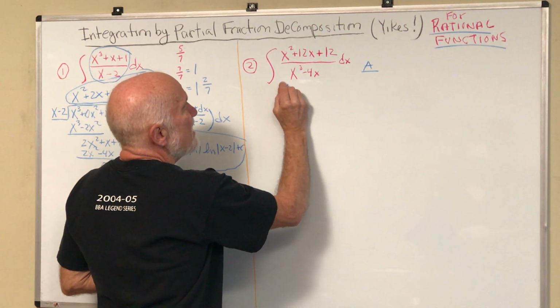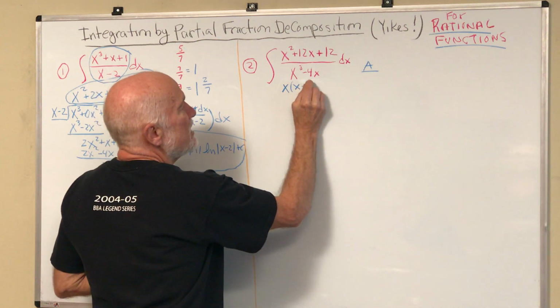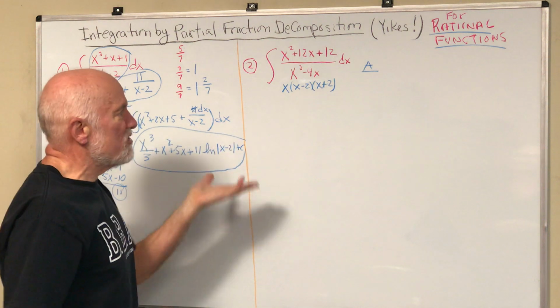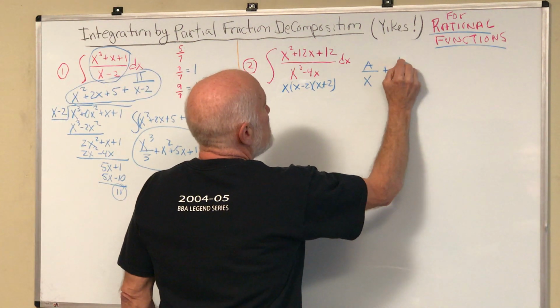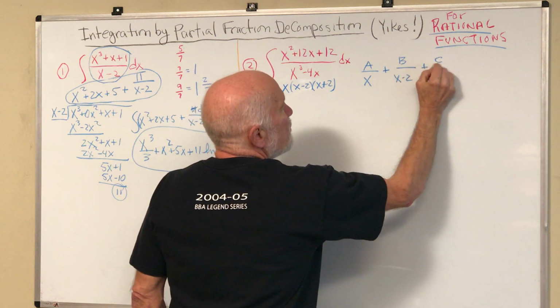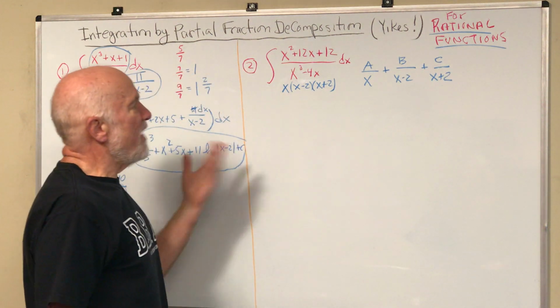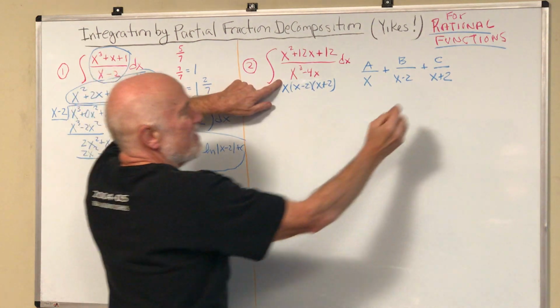And you can. It's x times x squared minus 4, which is x minus 2 times x plus 2. So we're going to go a over x plus b over x minus 2 plus c over x plus 2. And the whole idea is then to make it back to equal to this.